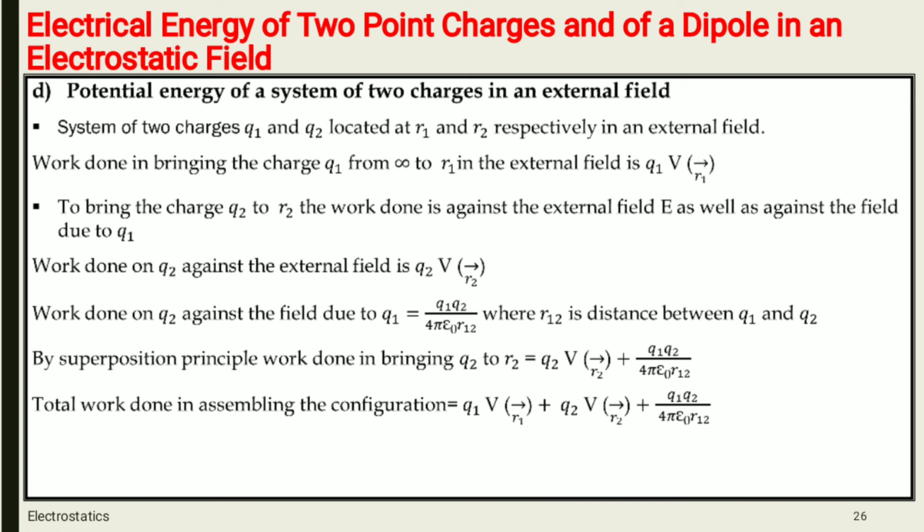So the total work done in assembling the configuration is equal to, if we have considered a system of two charges in an external field, then its potential energy will be Q1 V(R1) plus Q2 V(R2) plus Q1 Q2 divided by 4 pi epsilon naught R12.